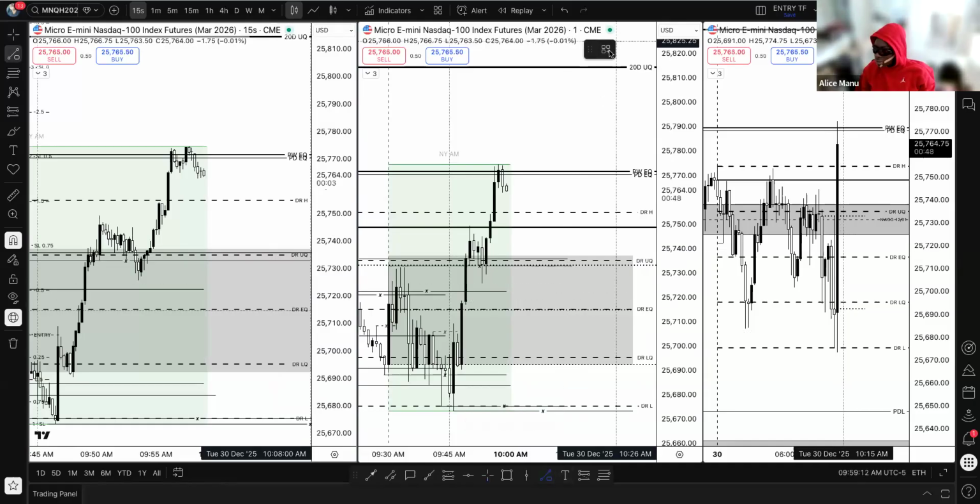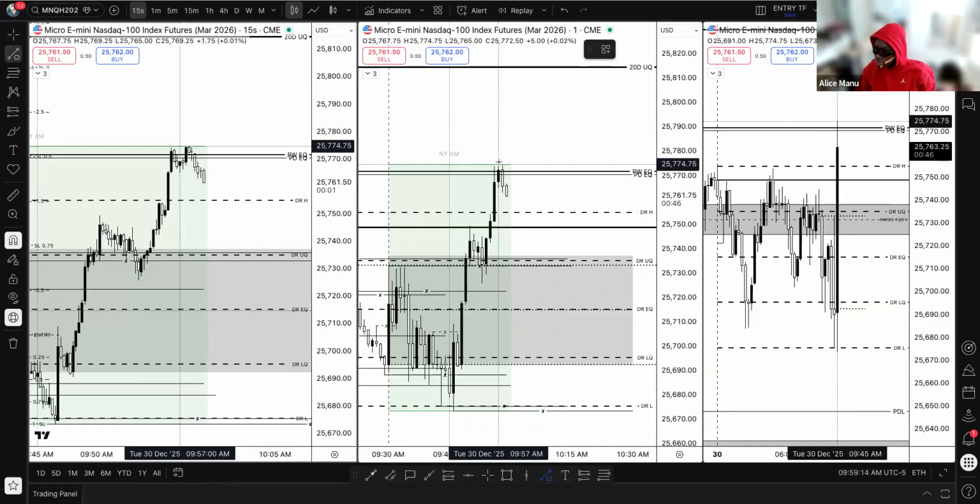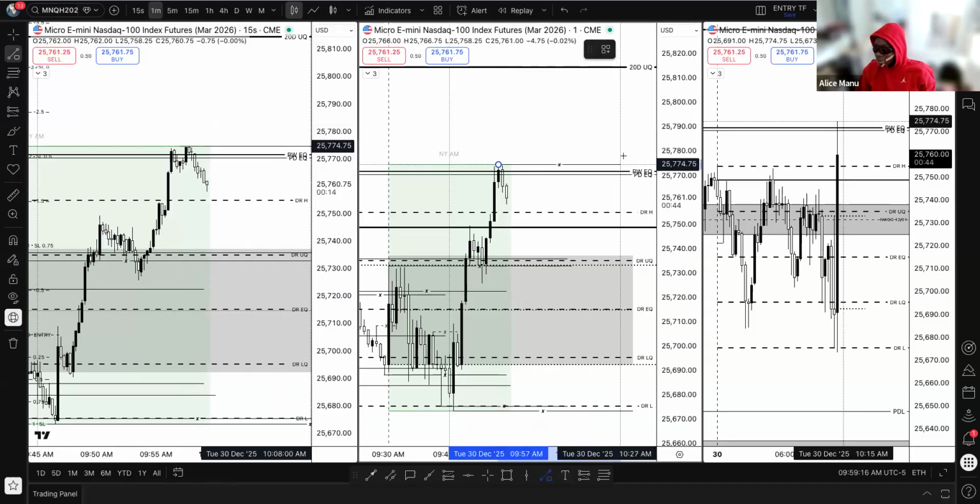Seconds left on that, just on both buy side and sell side on the daily range here.